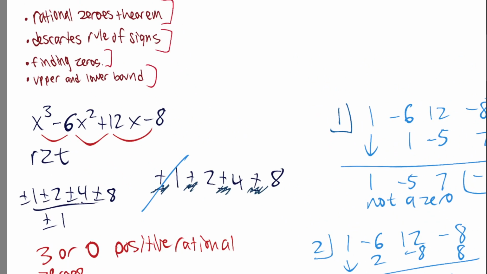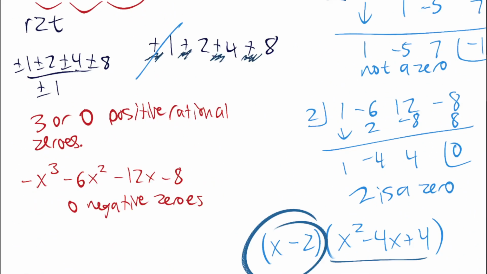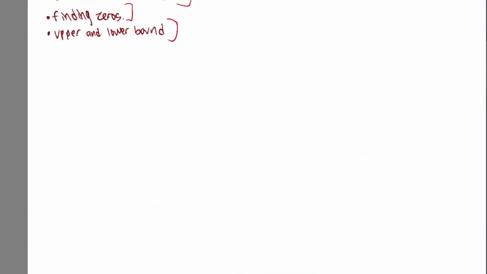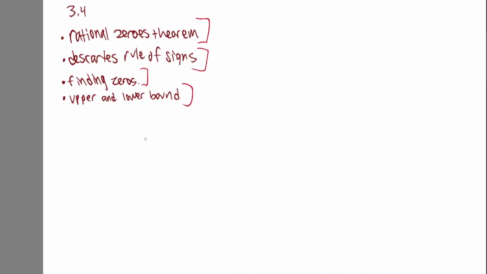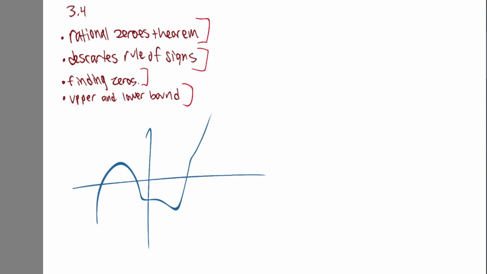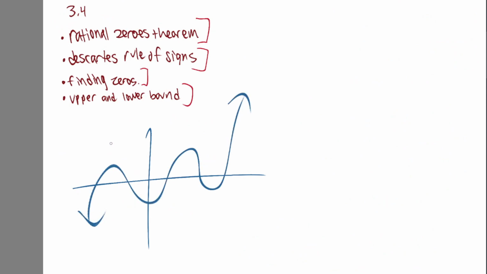Finally, what we need to do is find upper and lower bounds. Basically, what upper and lower bounds are talking about is sometimes you'll have a graph. It doesn't matter what the shape of it is, but we'll have a variety of different zeros, like one here, and one here.